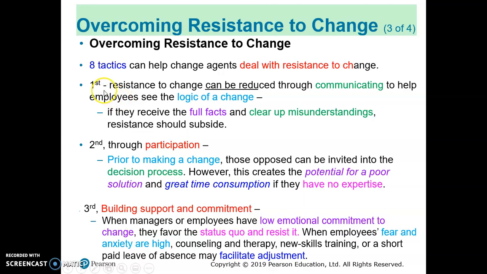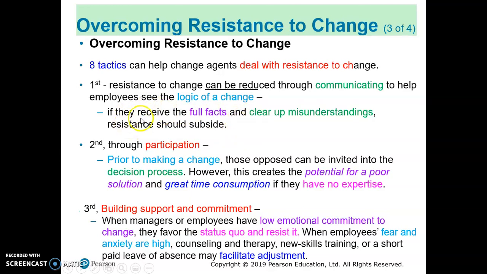First one, resistance to change can be reduced through communication, or through communicating to help employees see the logic of change. By persuading employees what the logic of change is, what the benefits of change are, you can persuade employees to overcome the resistance to change.